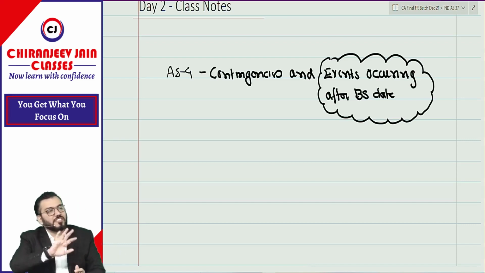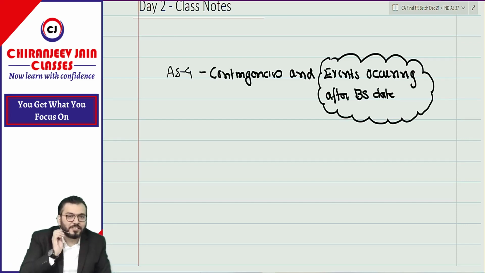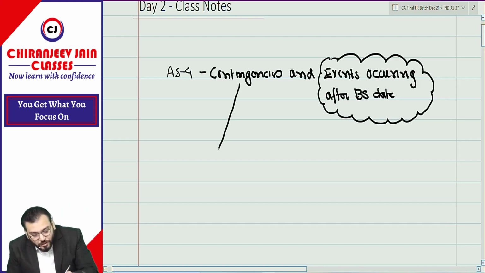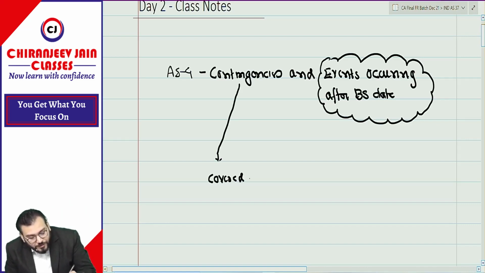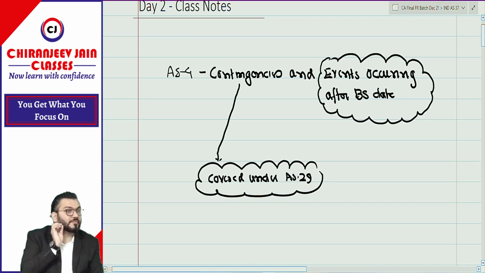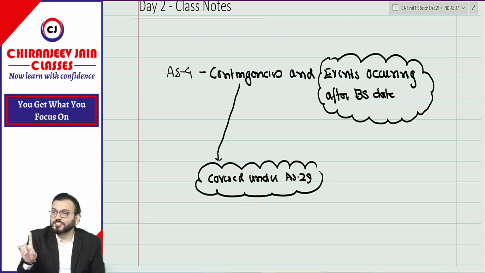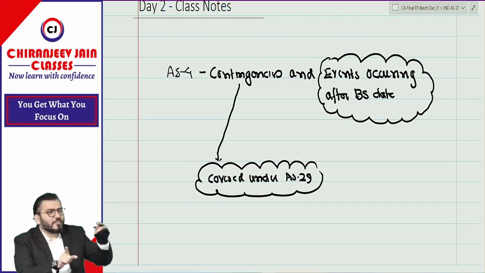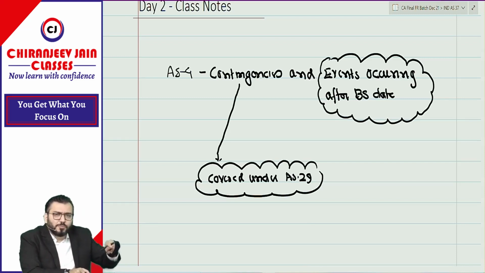Initially it was covered under AS4, but once AS29 was introduced, contingencies are covered under AS29. But the meaning of contingencies was given in AS4 only. Can I say contingencies will give rise to provision, contingent liabilities and contingent asset?